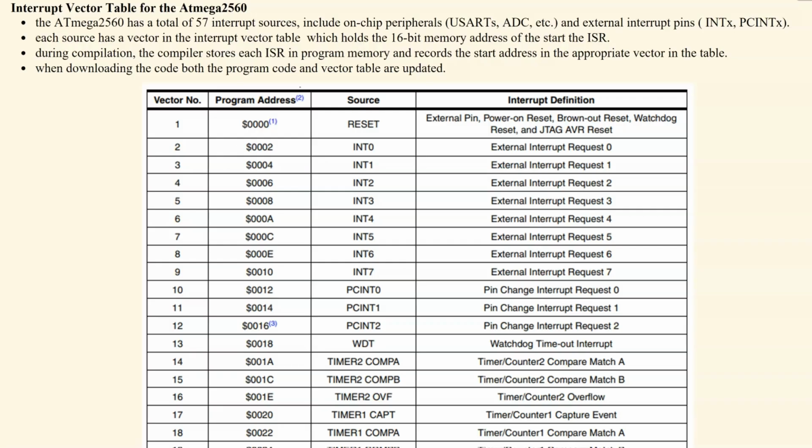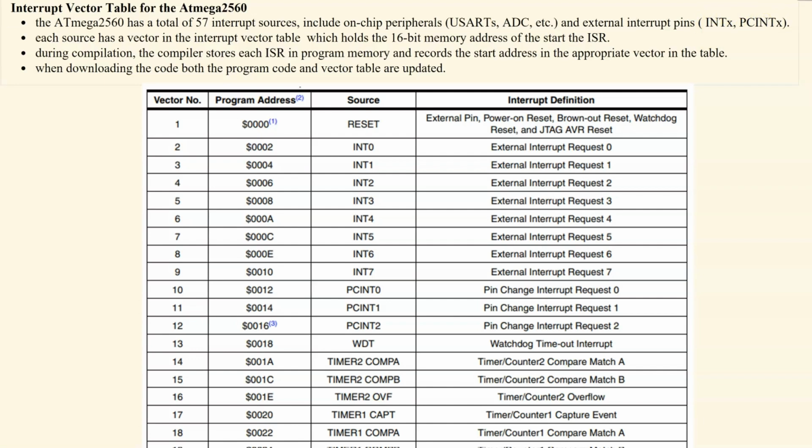Now, looking at the interrupt vector table, the ATmega 2560 has 57 separate interrupt sources. They include on-chip peripherals such as USARTs, ADCs, etc., and external interrupt pins, which are the external interrupts and pin change interrupts.